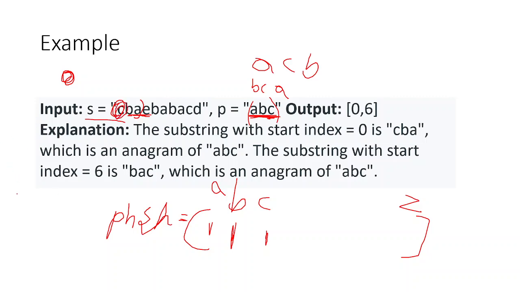So I think you might have a basic idea right now. Let's dry run this once. For example, as I mentioned, P is ABC, and S is C, B, A, E, B, A, B, A, C, and D, right?